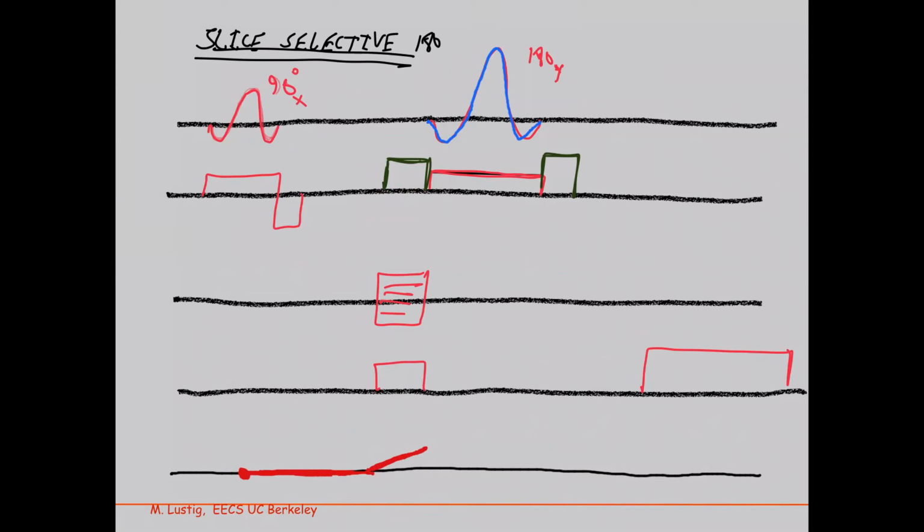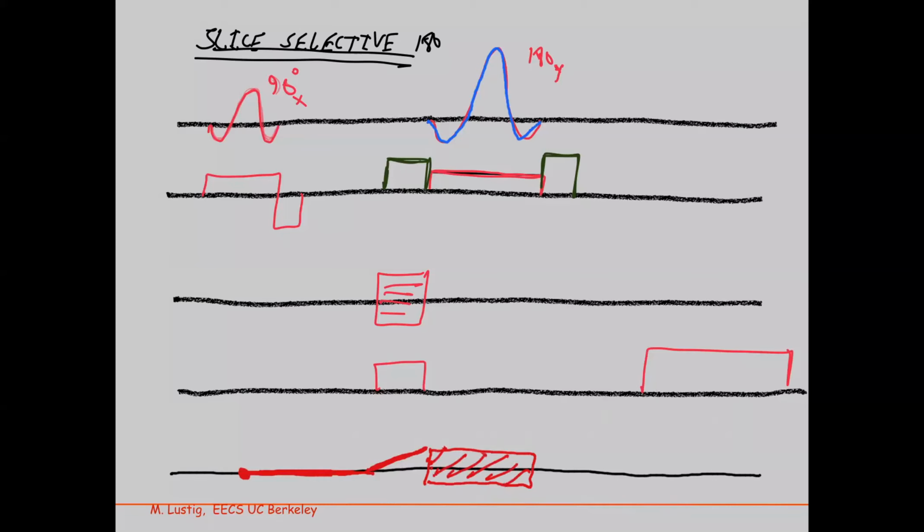Now, what happens here is quite complex, but I know that after a 180, my phase is inverted. So I'm just going to ignore this part. This is a don't care region. I actually don't know exactly what's going on.